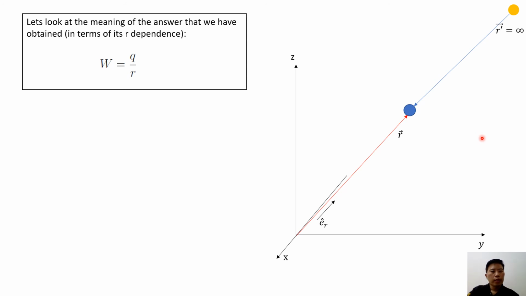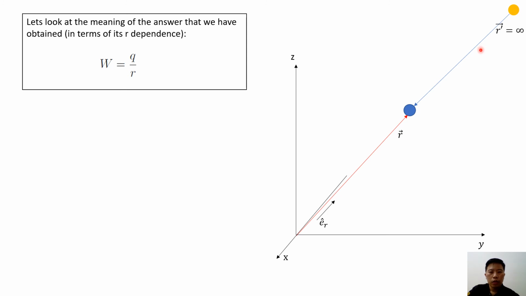Before we end, I just want to discuss what we can understand with this equation. After some tedious derivation, this is the answer that we get. If you look at this diagram, this is the charged particle that is attracting this other charged particle, which is somewhere far away.